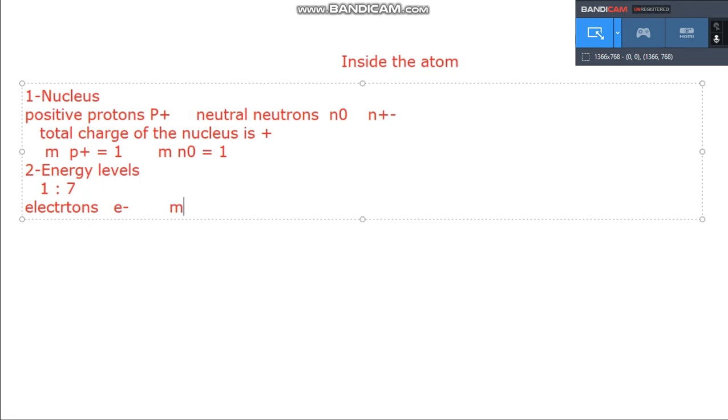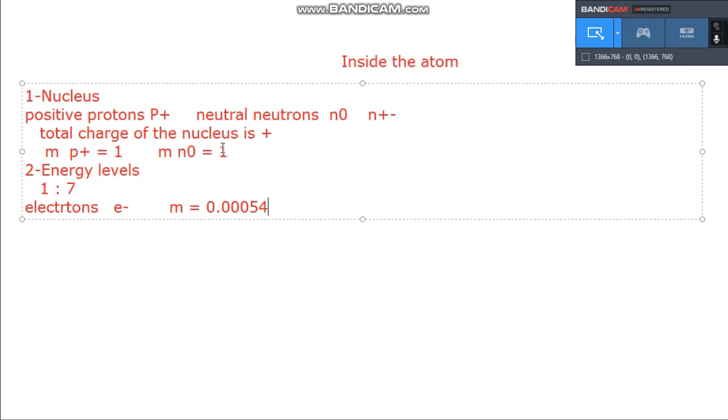The mass of an electron equals almost zero. As in page 22, it equals about 0.00054. We will write it 0.00054. It is very small compared to the mass of the nucleus.